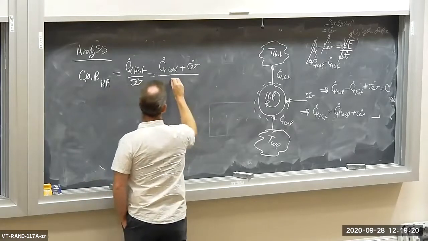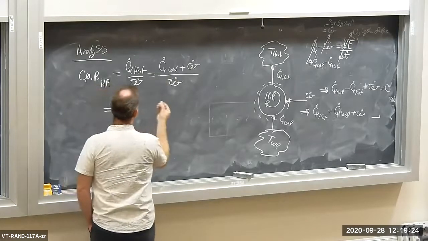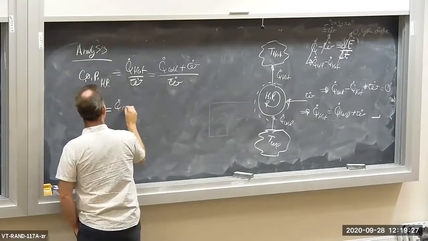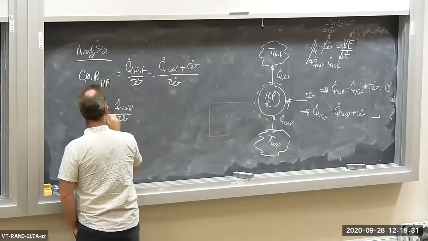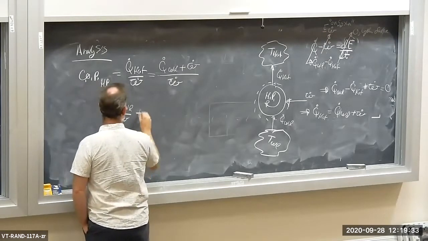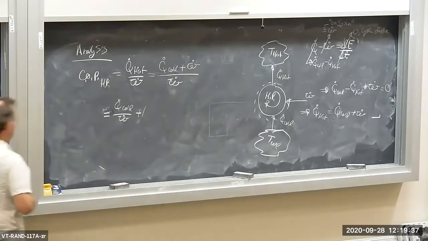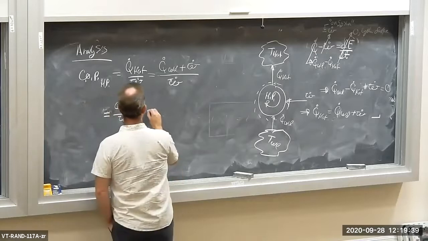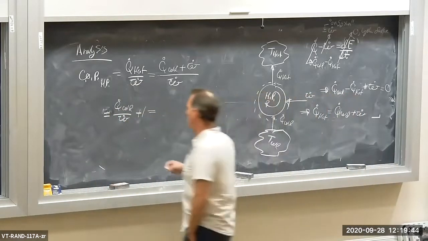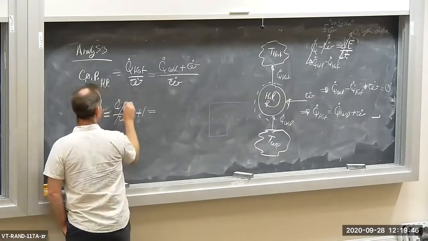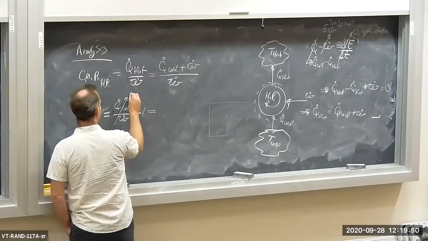So Q dot hot is Q dot cold plus W dot. And then in the denominator, I have W dot. So that's going to be equal to Q dot cold over W dot plus 1. If you recall, this is just the coefficient of performance for the refrigerator.